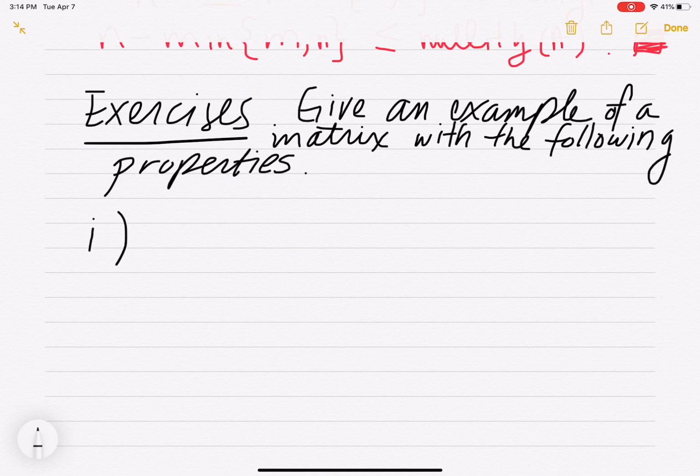Oh, if not possible, say why. Let's say you can't come up with such a matrix. Give a reason.